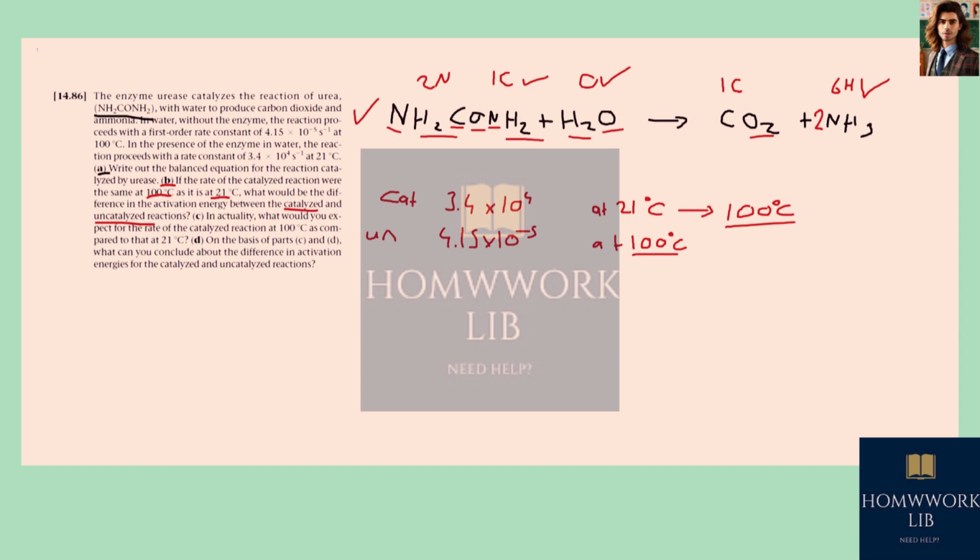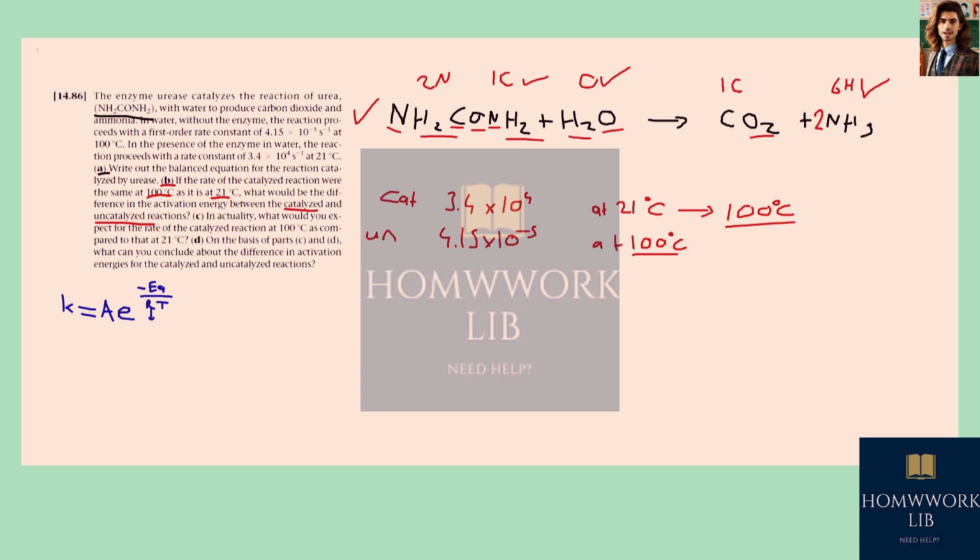Because then what we need to use is the Arrhenius equation. So let's recall what the Arrhenius equation was. k equals A e to the power of negative Ea over RT.